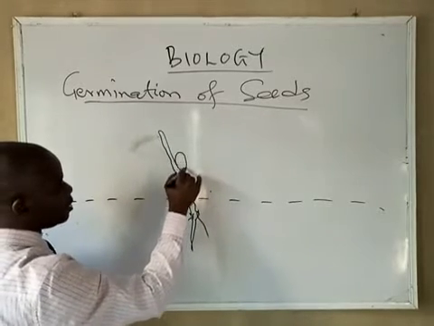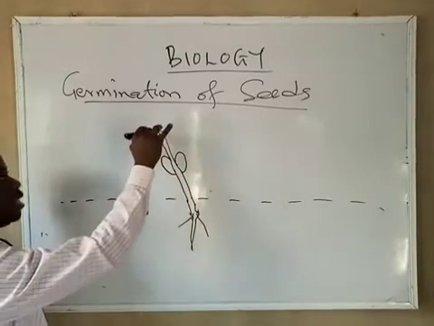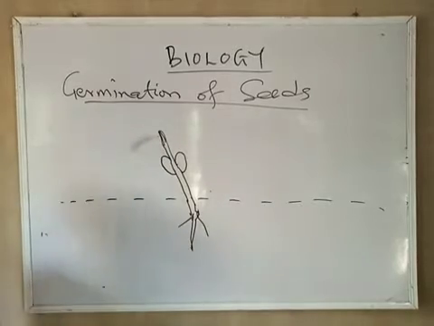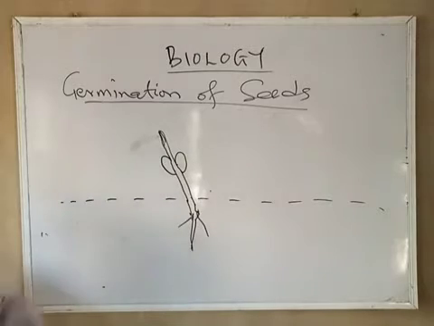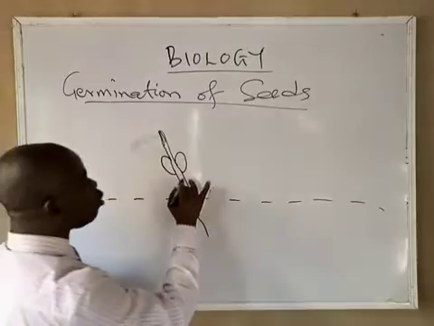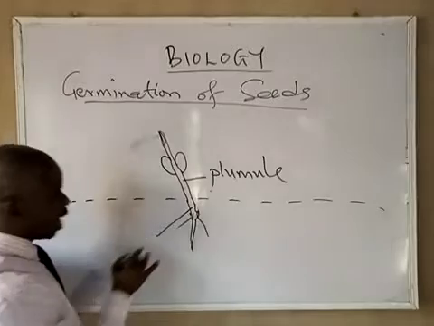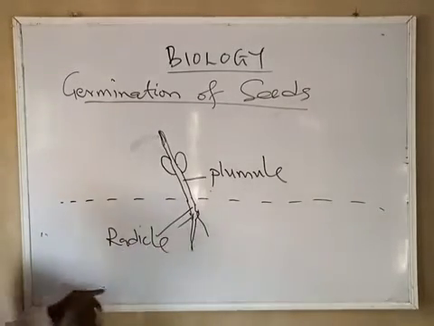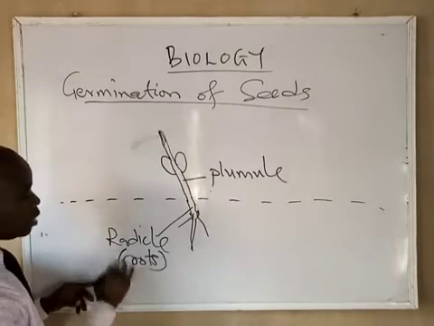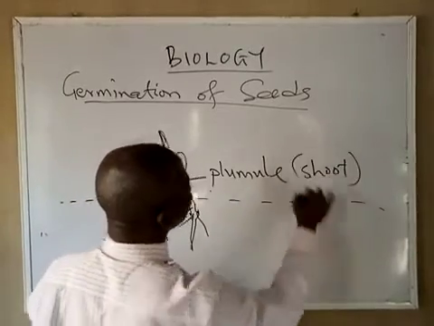These are cells that are elongating to become the shoot. So the portion that now goes out of the soil is the plumule, whereas the one that is down is the radicle. The radicle becomes the roots of the plant, while the plumule gives rise to the shoot of the plant.